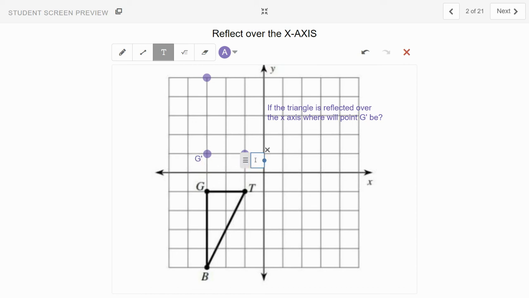This is going to be T prime, and this is going to be B prime. Now, where is G prime? It's multiple choice. You're going to have to tell me where this coordinate is. The answer would be (-3, 1) as a point.